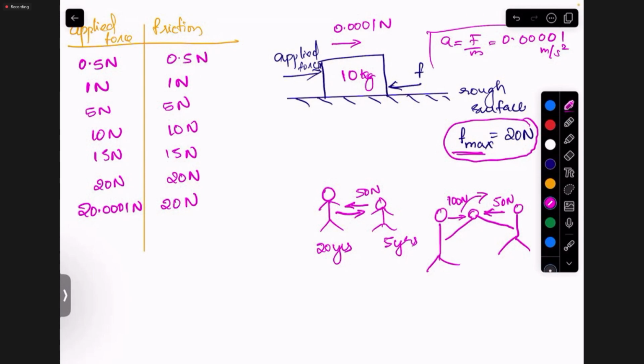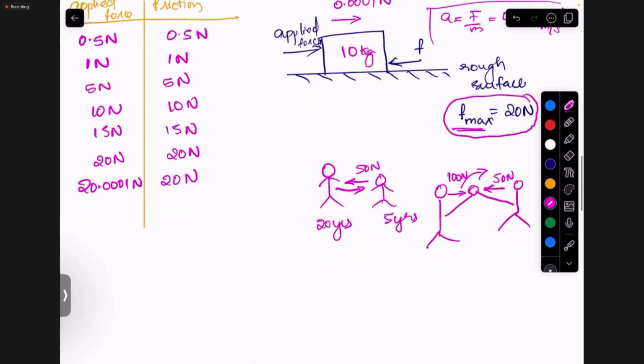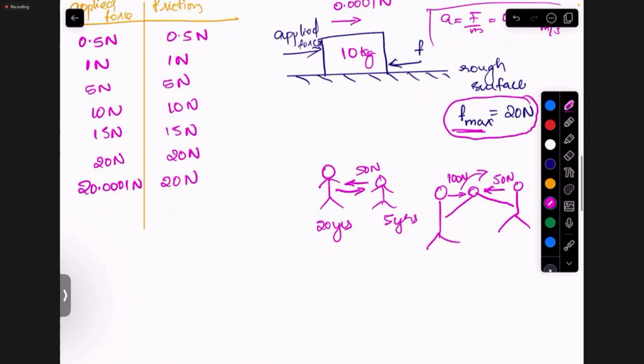Now, another thing is, even if this maximum force is 20 Newton, when the block starts moving, you have seen this thing, right?